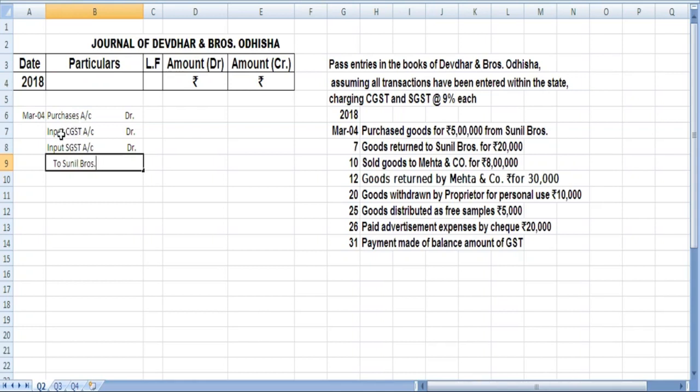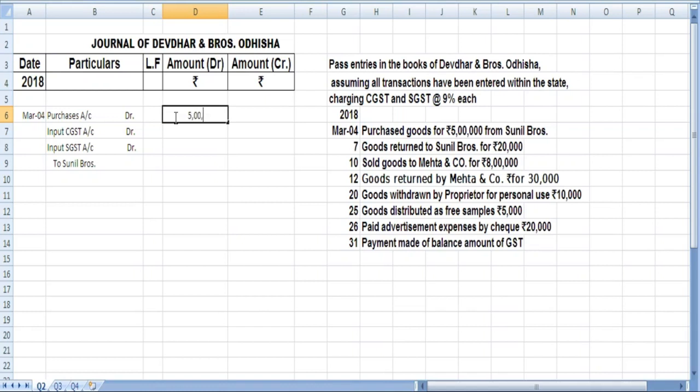Whenever there is a purchase or any expense we will write input. Now students, this input CGST and input SGST, even though we have debited, is not an expense. Why? Because whatever GST you pay while purchasing, you will get it back when you sell the goods. So this is your asset because you will receive back your money.